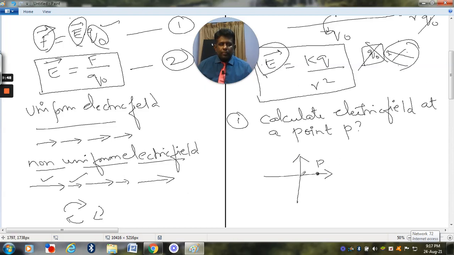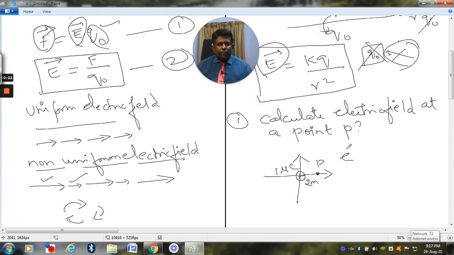This is point P. This is the charge, that is positive charge. Its magnitude is 1 microcoulomb. Therefore, we are going to calculate the electric field at point P. The distance is 2 meters.